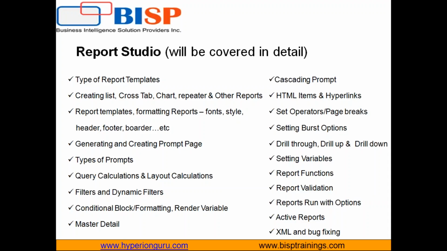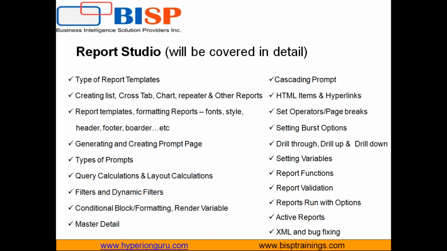So in reports today we have one concept called active reports, which is a new thing in the Cognos 10 series. Before the Cognos 10 series we don't have active reports. So we will also see how to create an active report and what are the advantages and limitations of the active report, where it can be used and for which scenario.